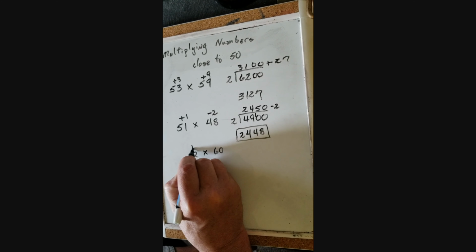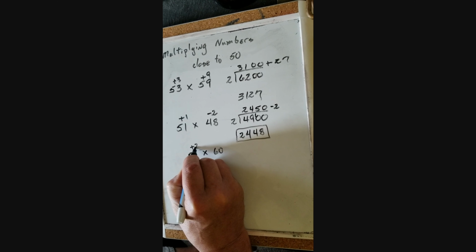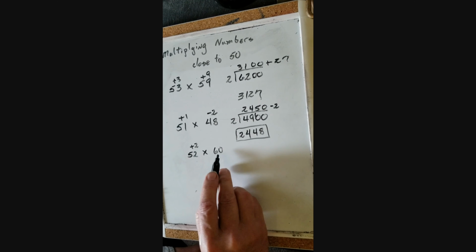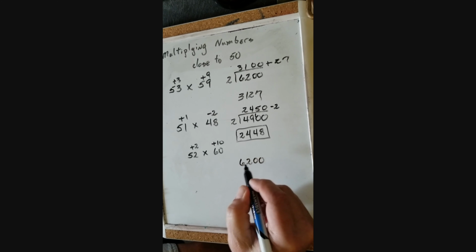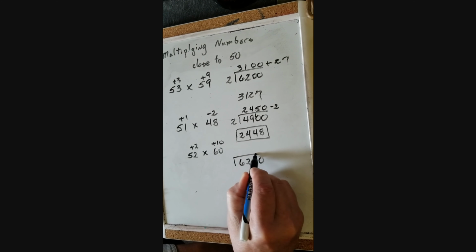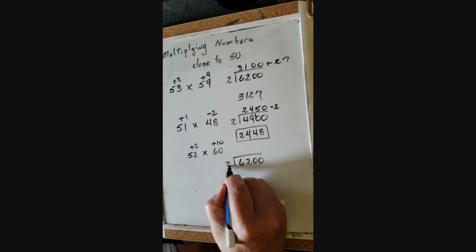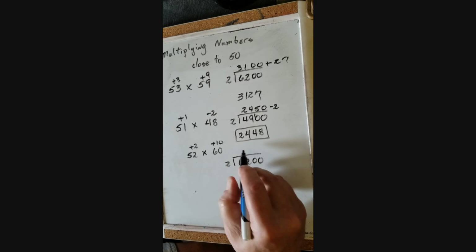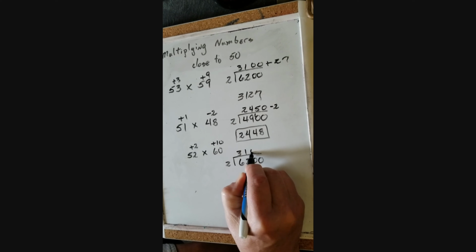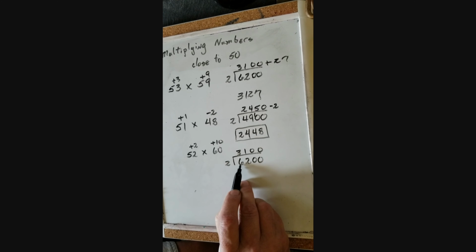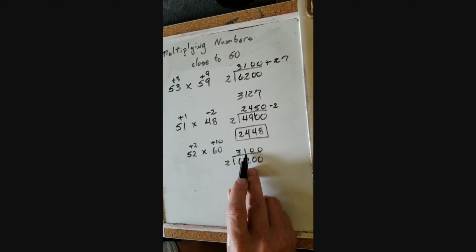So 52 is 2 more than 50, and 60 is 10 more. 52 plus 10 is 62. 6,200 multiplied by 100, divide by 2, and we get 3,100. 2 goes into 6 3 times. 2 goes into 2 1 time.